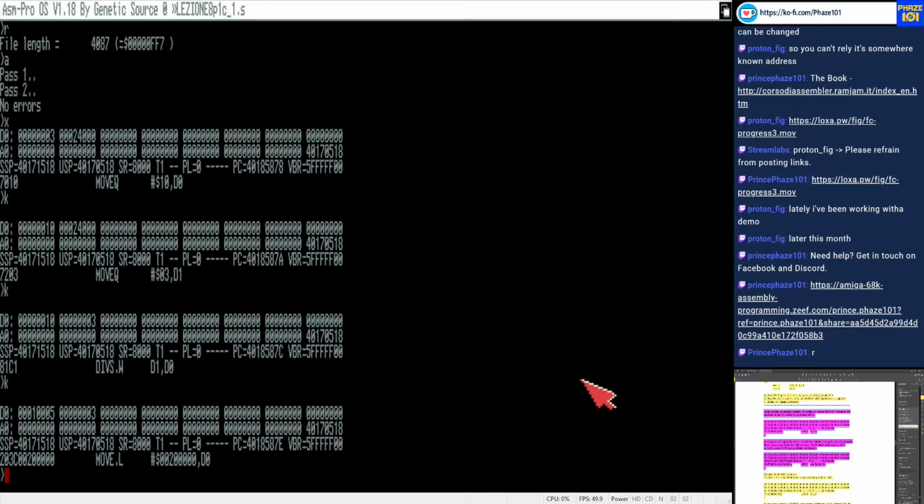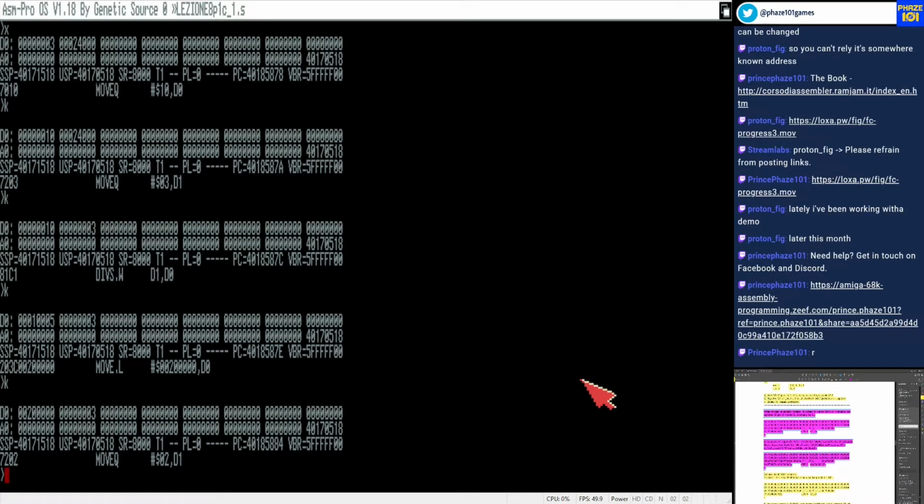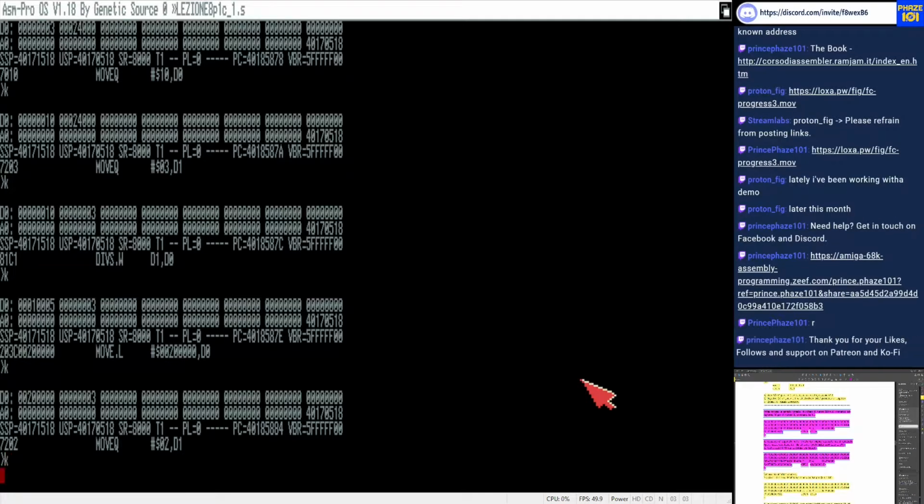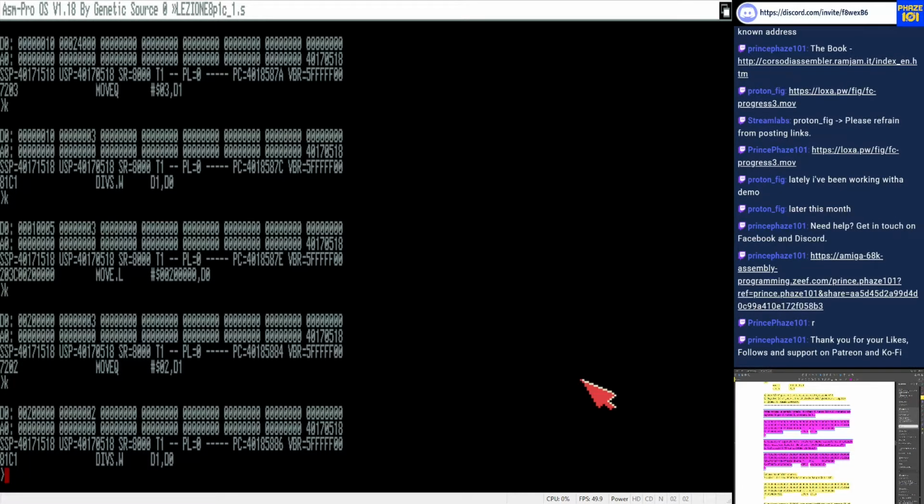Now, we're going to move 200,000 into D0. We're going to move 2 into D1. We're going to divide, and this is signed. Notice what will happen. We have an overflow and the result is not even calculated.